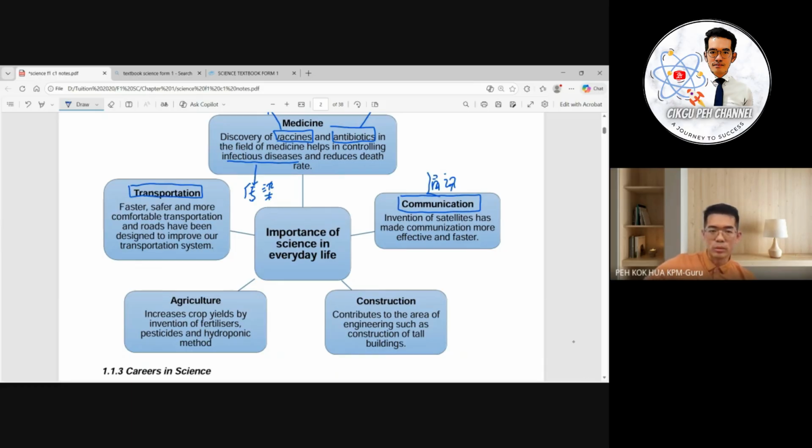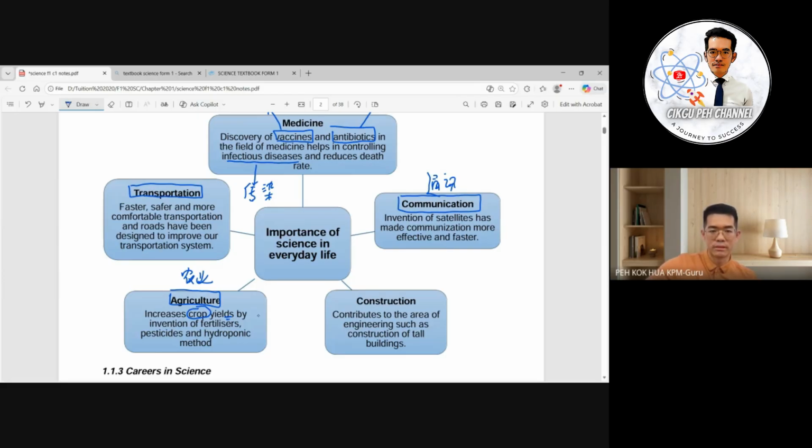Okay, then the next we have agriculture, 农业. Okay, so increases crop yield by invention of fertilizers, pesticides, and hydroponic method. Crop 农作物, yield 是生产, 所以增加咯 increases crop yield. That means that the production of the agriculture increases. Why?